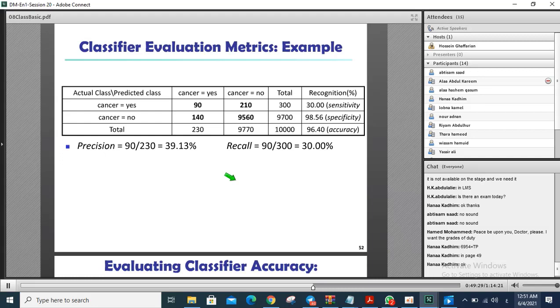For example, look at this table here. In this case, the accuracy is 96.40%. But look at this.